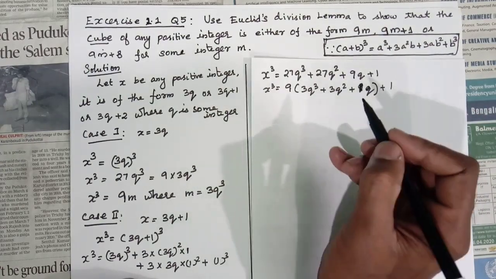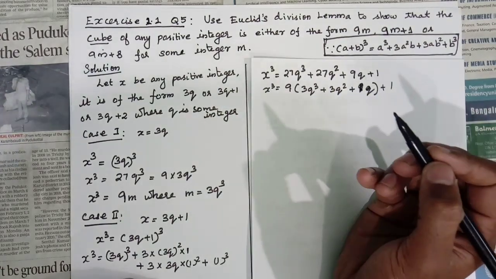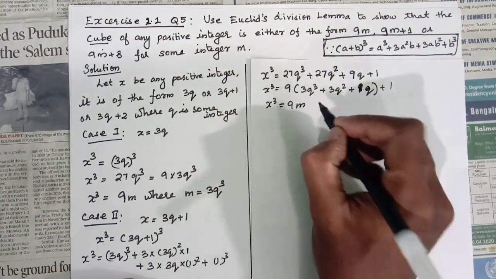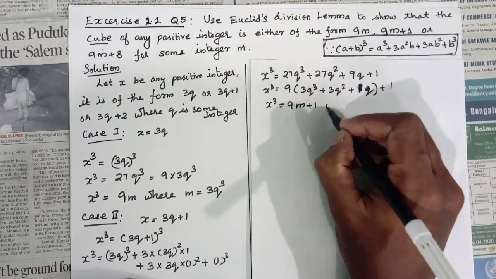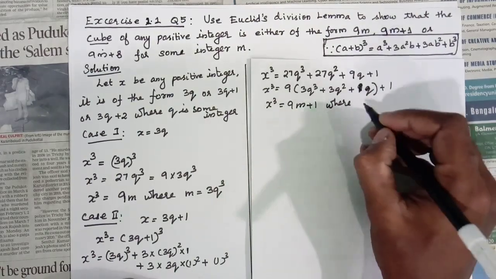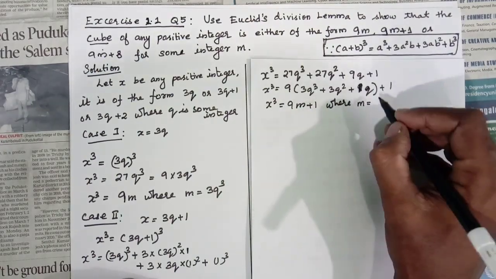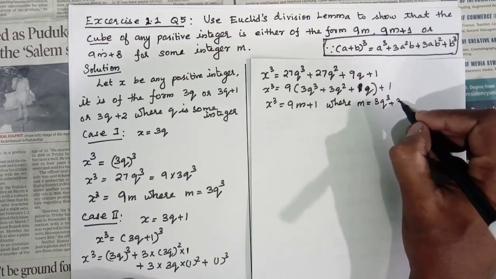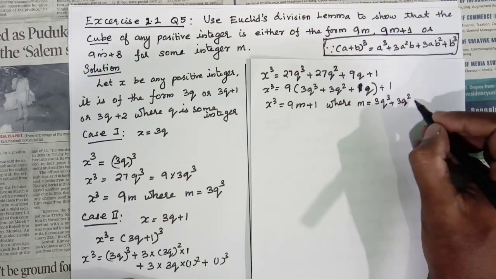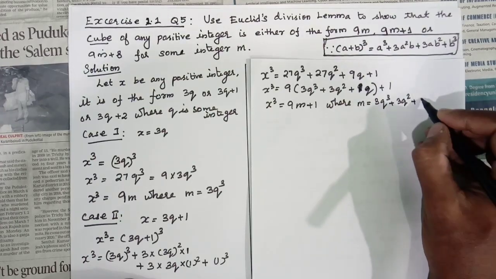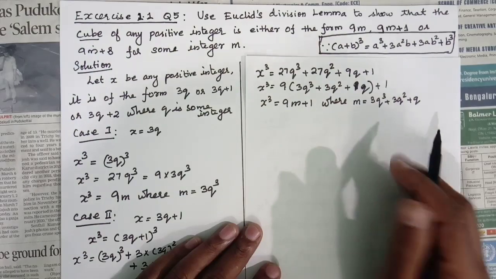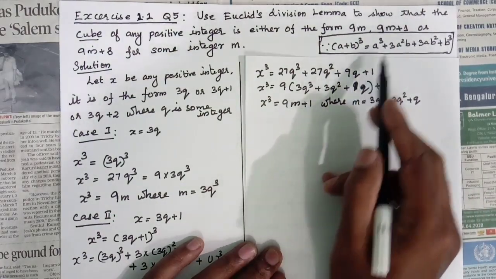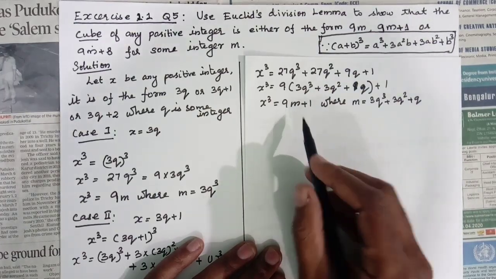Instead of what is in the bracket, we can write m. So x cube is equal to 9m plus 1, where m is equal to 3q cube plus 3q square plus q. So now we got the form 9m plus 1.